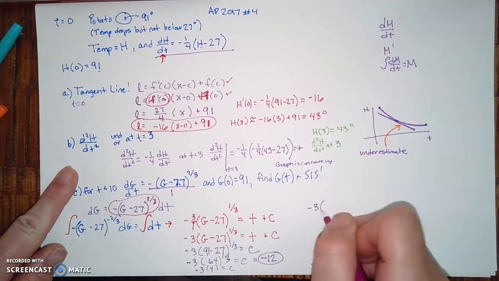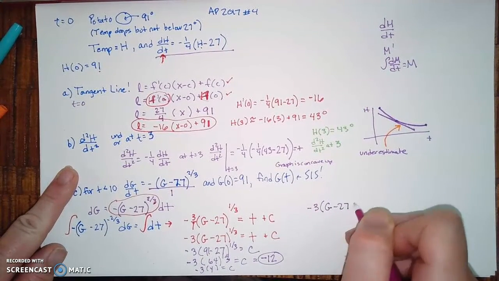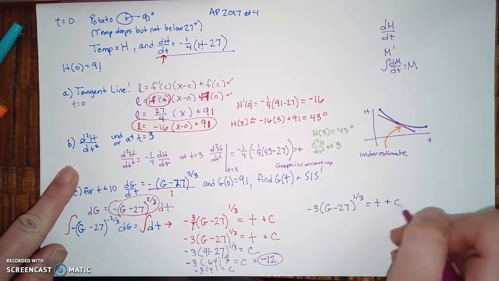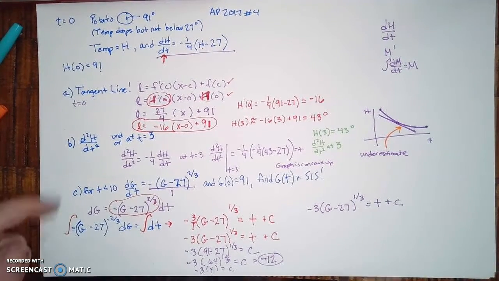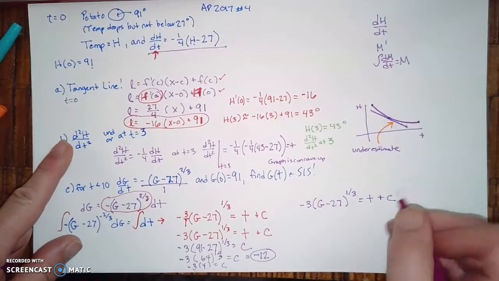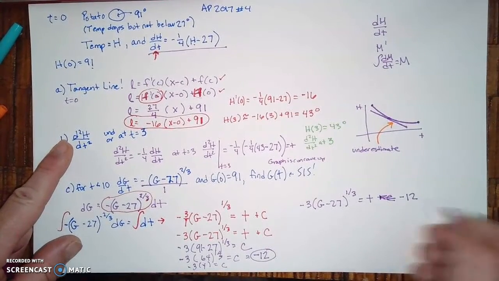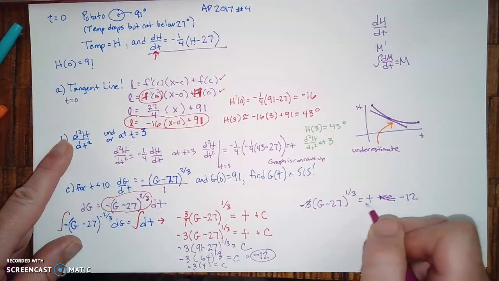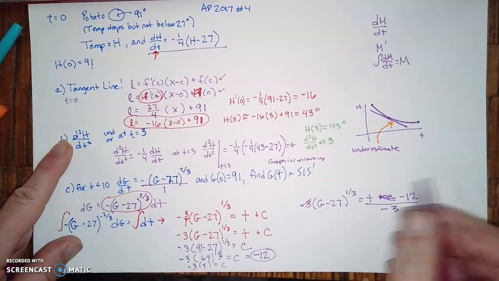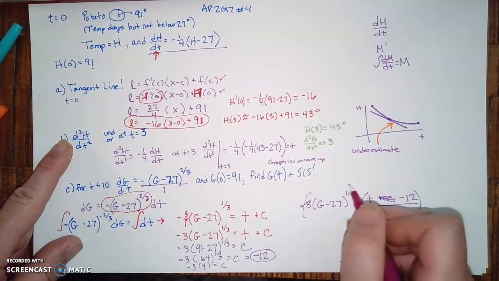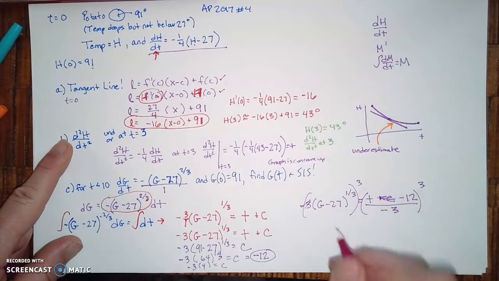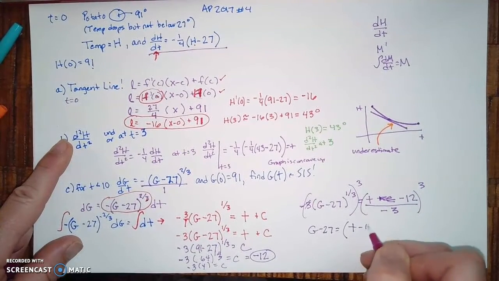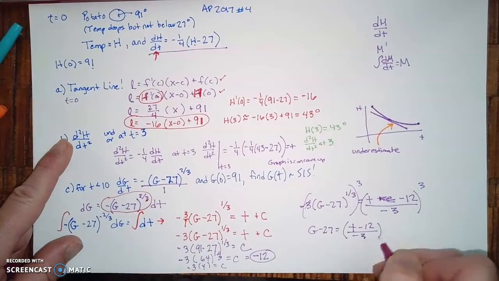So my equation would be negative 3 times G minus 27 to the 1/3 equals T plus C. If they wanted me to get G by itself, C was negative 12, so T minus 12. First thing I would do would be to divide each side by negative 3. And then I put each side to the 3rd power. So G minus 27 would equal T minus 12 over negative 3 to the 3rd.